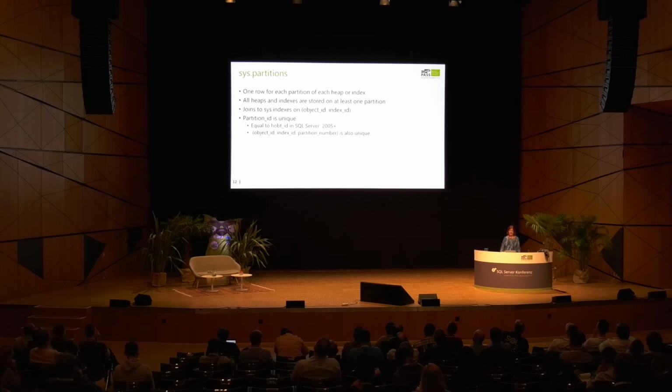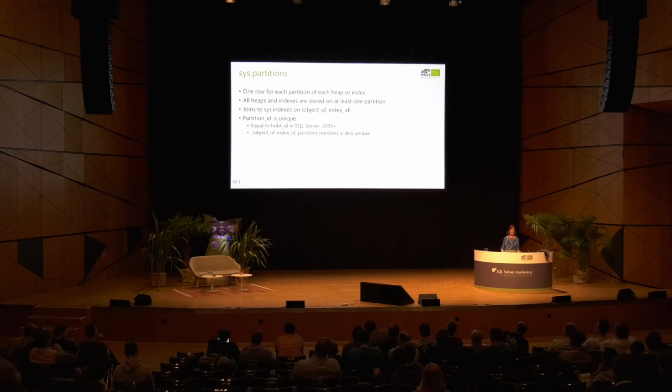So object ID, index ID, and partition number is not the same as partition ID. Partition ID is this long 16-digit number that no one would ever even want to say, where partition number is just your counting number, 1, 2, 3, 4, up to 15,000, which you don't want to count to either. But your partition number is just your sequential number.